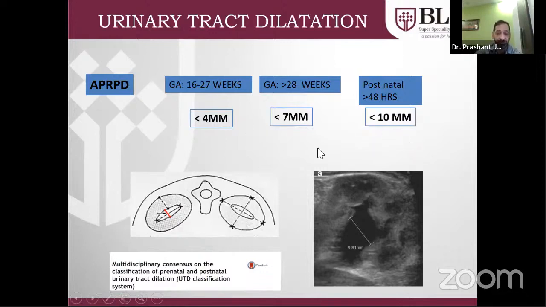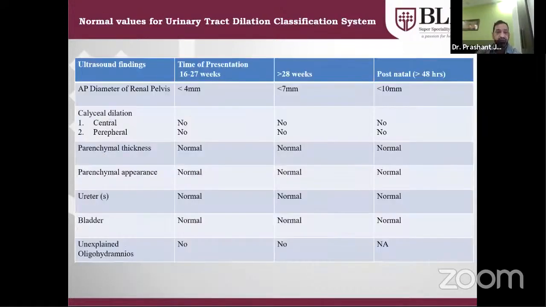So these are the normal values, and anything more than this should be considered urinary tract dilatation. Now, as I have already mentioned, ultrasound findings will let us know what is pathological and what is non-pathological. So anything less than 4 mm in early gestation, less than 7 mm in late gestation, and less than 10 mm postnatally is considered normal.